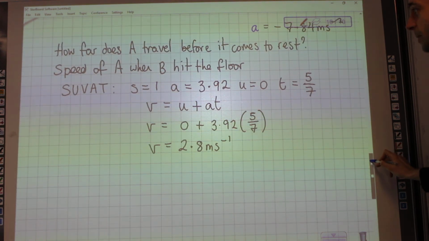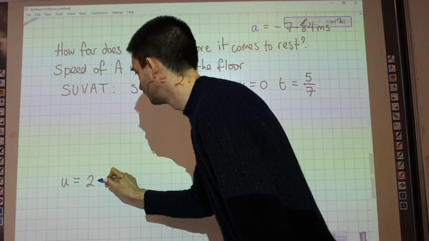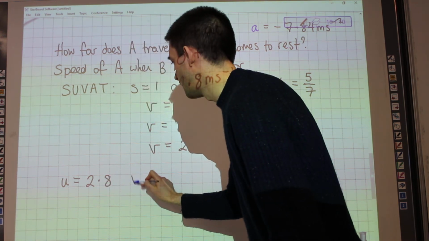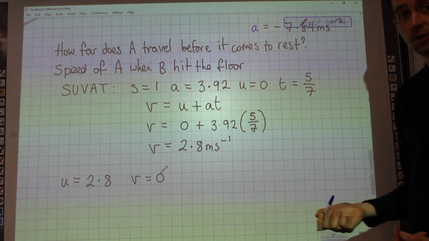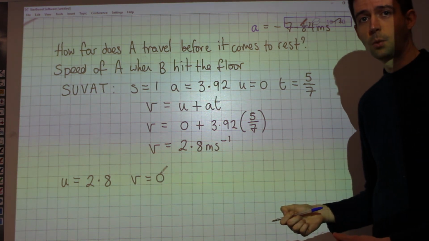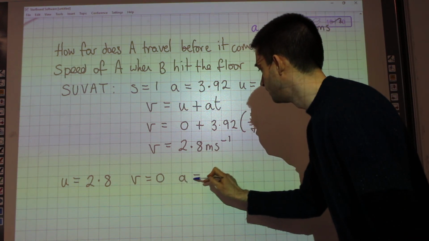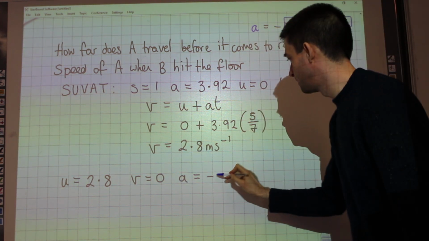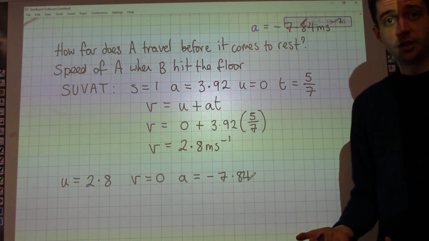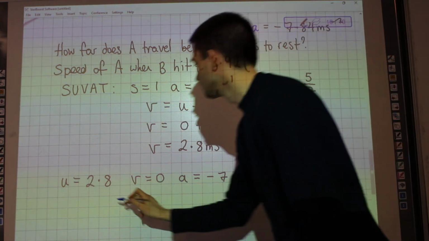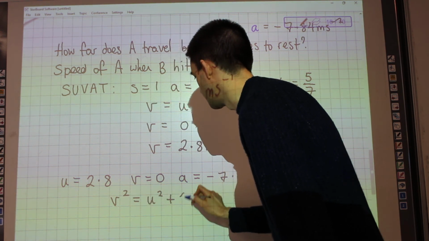So what now happens is v becomes u. Our final velocity now is 0, because we want to know when A comes to rest how far have we gone. Our acceleration is negative 7.84, and we want to know the distance travelled. So we're going to use v squared equals u squared plus 2as.